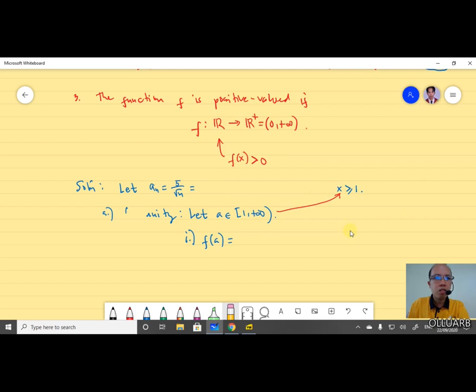Okay, so this is our f of n, and here this is suppose further that our x is this one, and this is continuity.